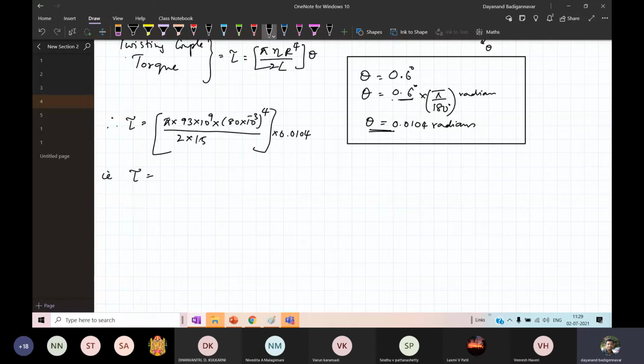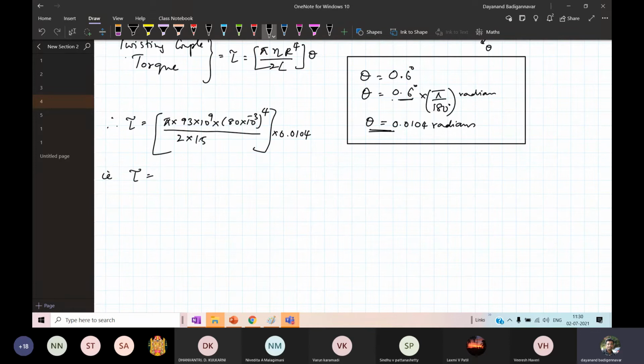Okay, let's check it. Once again, I will do it for you. Just a minute. The first one is pi into 93 into 10 to the power of 9. You have 80 mm, no? So 80 into 10 to the power of minus 3, whole raised to 4.